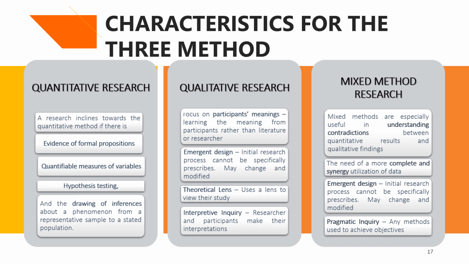The first one is quantitative research. This is where you are trying to find evidence. You want to test the proposition where the measurement for each variable has been established. And from there, you test the hypothesis.